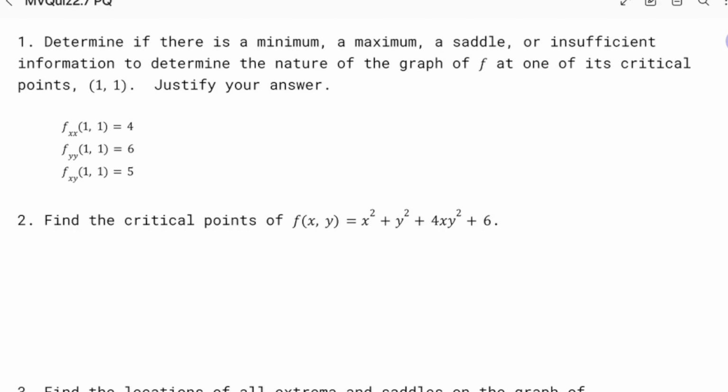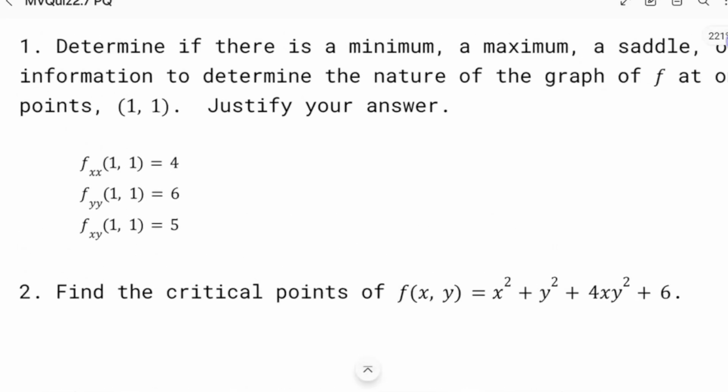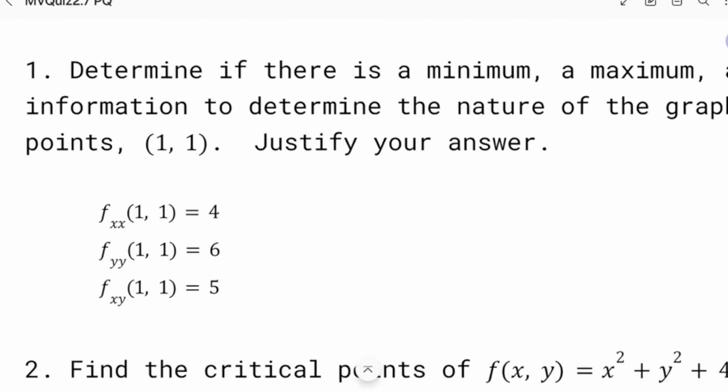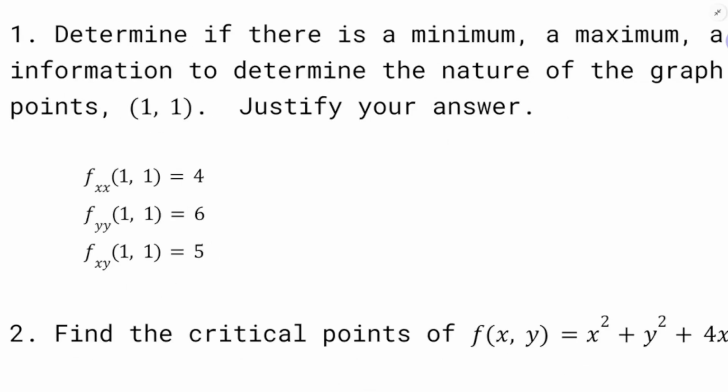All right, so they're just telling us it's a critical point, and we're going to run the second partials test right here. I know it's a critical point, so I just need to compute that number. We call it D because it's the determinant of the Hessian matrix.